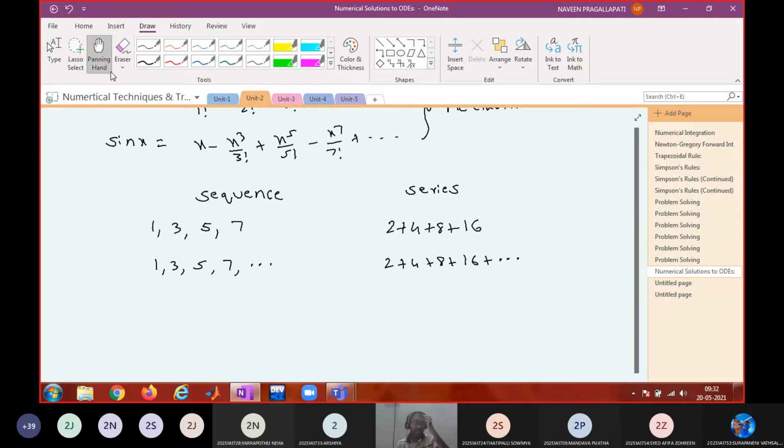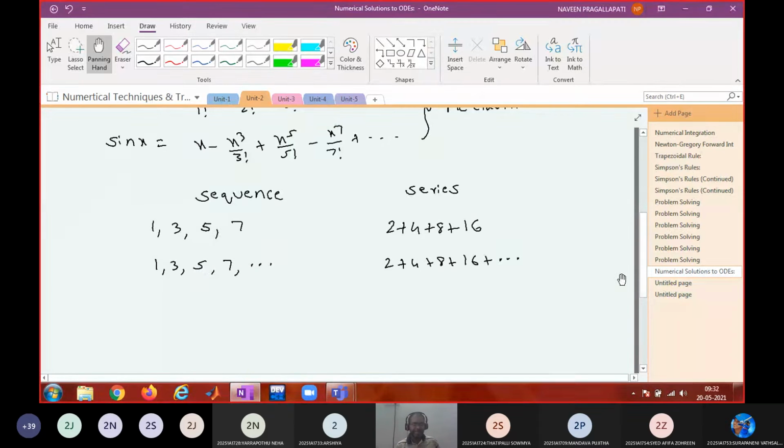And what is the difference between these two? This is a finite sum, this is an infinite summation. Am I right? Yes, sir. A finite sum is always finite, but an infinite sum need not be finite. In fact, an infinite sum may exist, or may not exist.